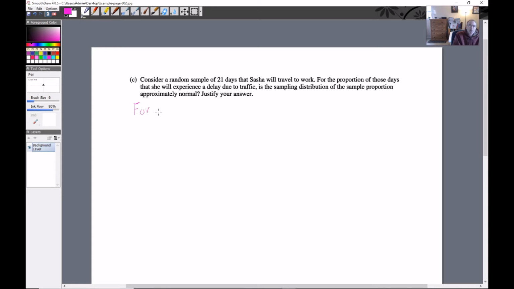So for a sampling distribution for proportions to be approximately normal, all right, here goes.